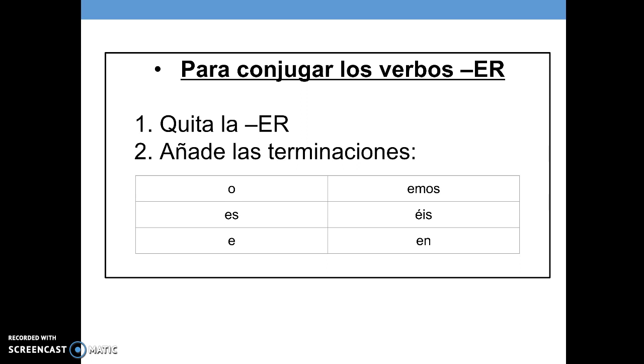O matches up with yo, es with tú, e with él, ella, usted, emos with nosotros, éis with vosotros, and en with ellos, ellas, and ustedes. Pause the video one more time, por favor, and write the translations with the subject pronoun in front of the verb conjugation. When you're done, unpause the video for the last time and move on to los verbos IR or IR verbs.